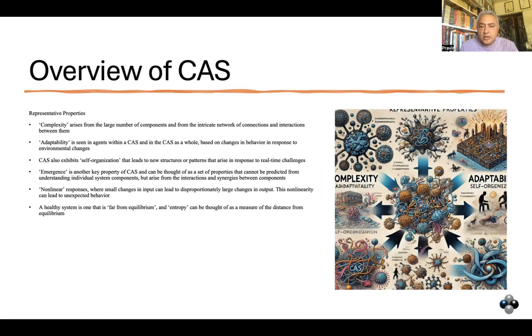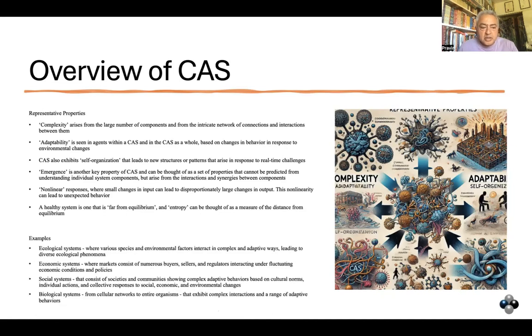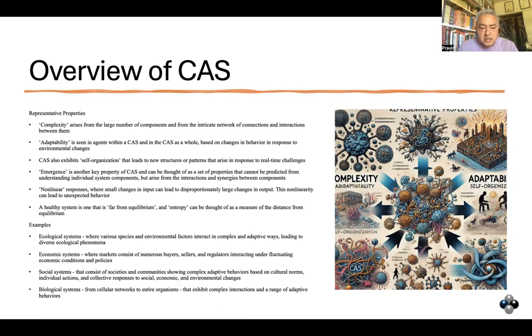And there's kind of a Goldilocks zone, or a sweet zone, that you want entropy to be in so that CAS remain productive. Now, some examples of CAS are ecological systems, economic systems, social systems, and biological systems. And the commonality here is that there are many different components that are generally independent, autonomous, and yet contribute to the CAS as a whole.